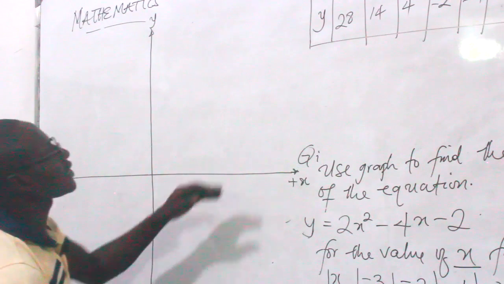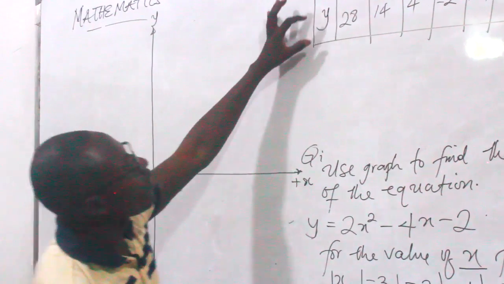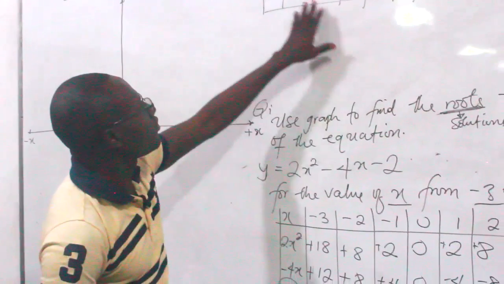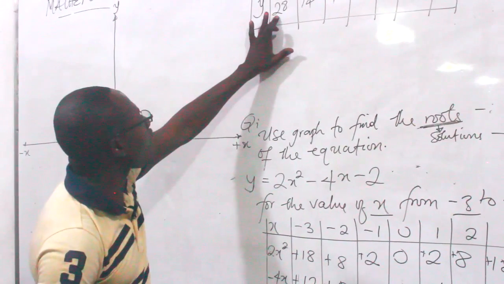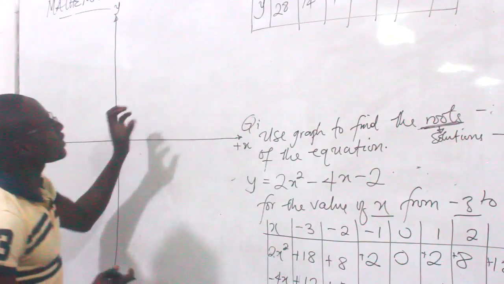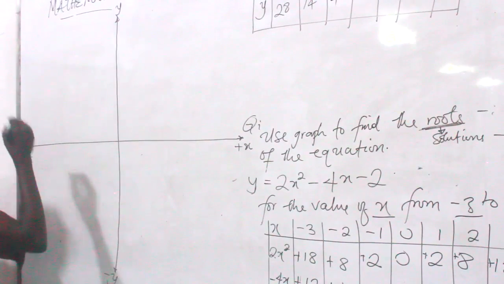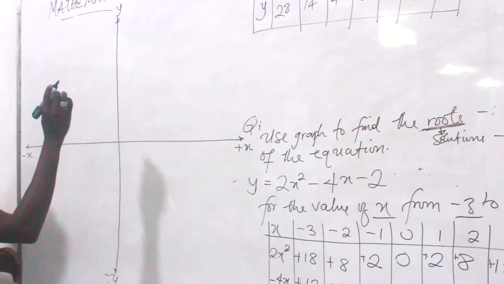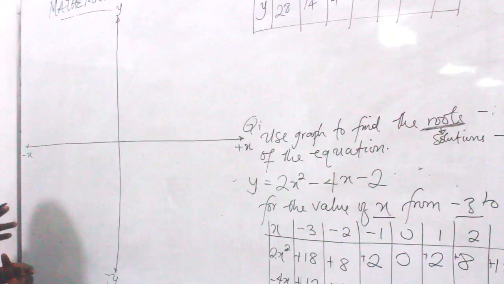Now, look at the table. On the y-axis, what is the highest value? The highest value here is 28. So assume the values from 0 to the maximum. Now let's assume that 2 centimeters represent 10 units, for example.